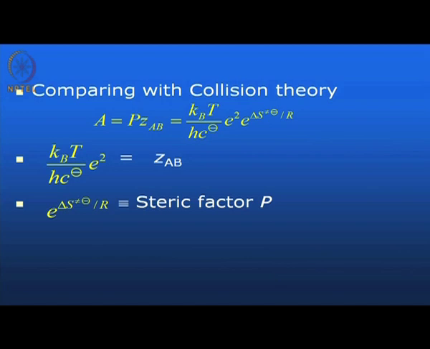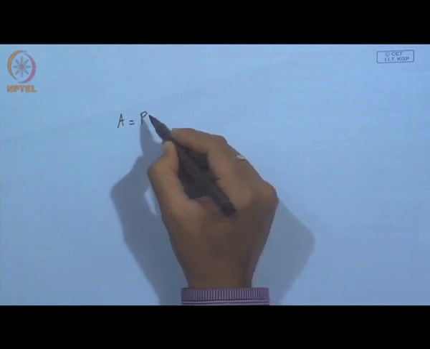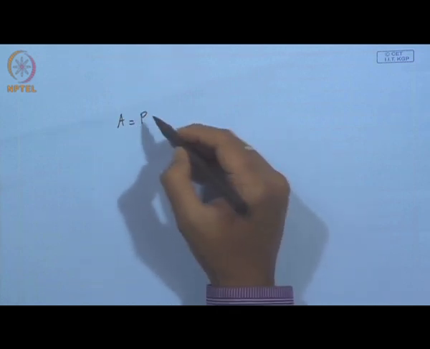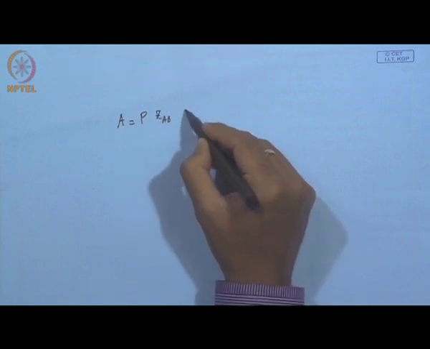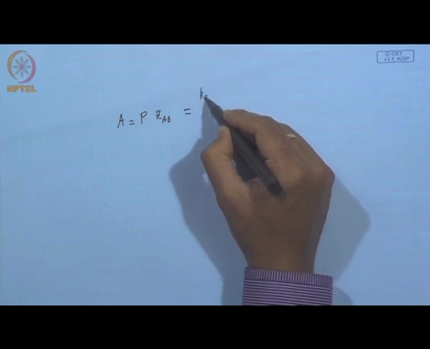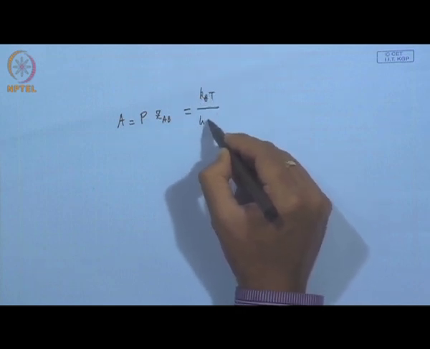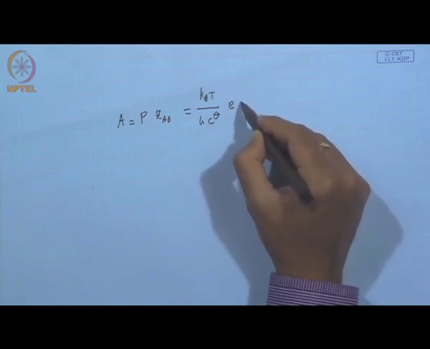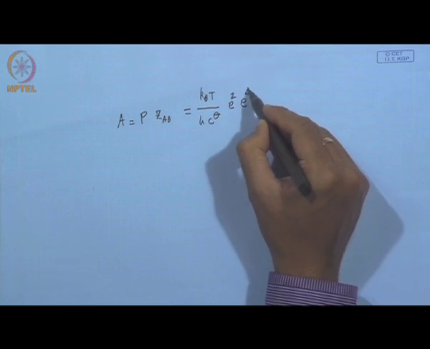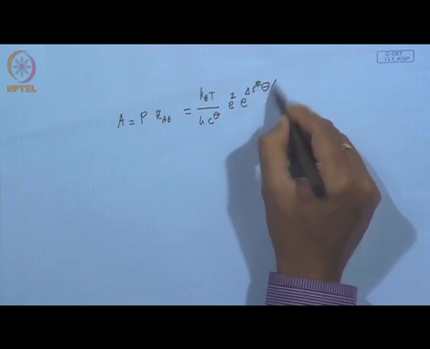So, if we look into the pre-exponential term, that is A, that we already have talked about, A is equal to P, the probability or steric factor, into z_AB, which is equal to k_B T divided by h c standard e square, then e to the power ΔS‡ standard by R.